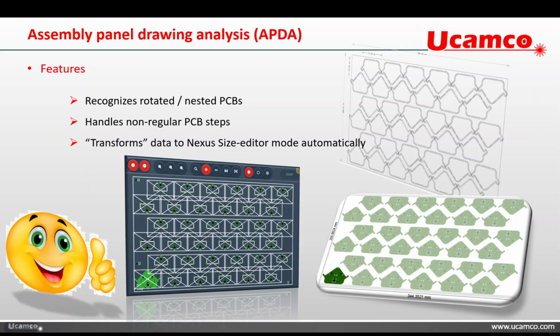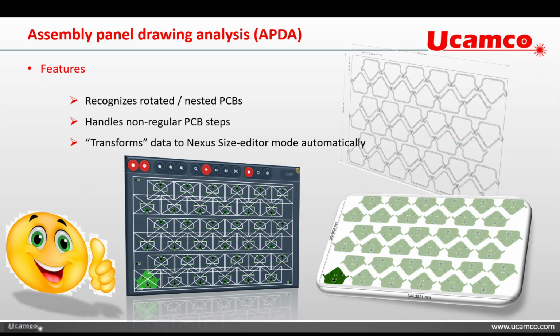And last but not least, this module is going to transform all of this data to Nexus size editor mode automatically, meaning that you throw in an archive, you let it run, data analysis completes, and at the end, when you go back to your size editor, what you will find there is a ready-to-go panel.